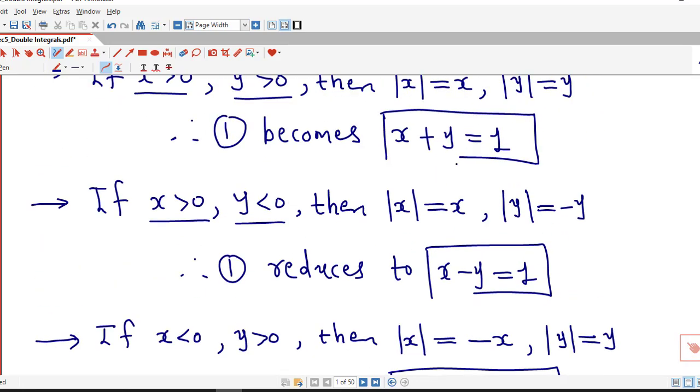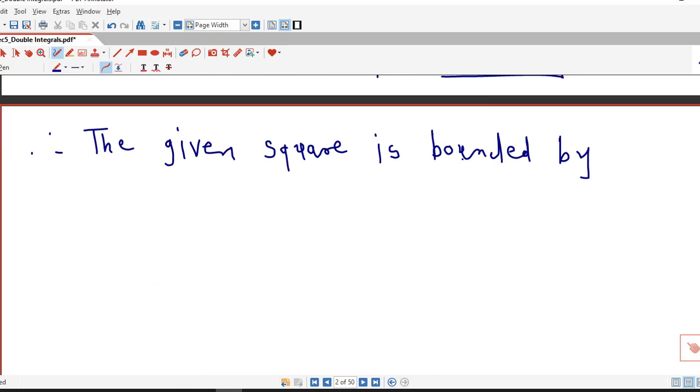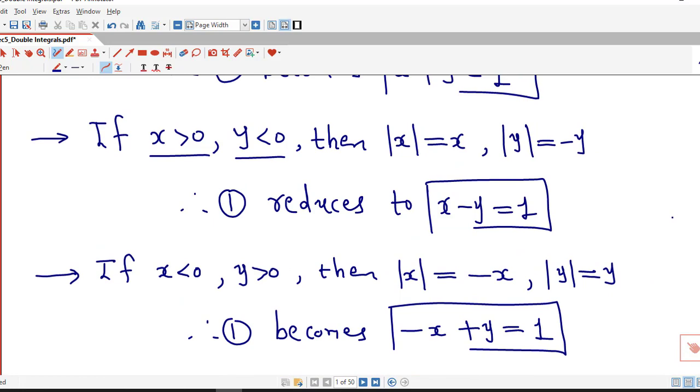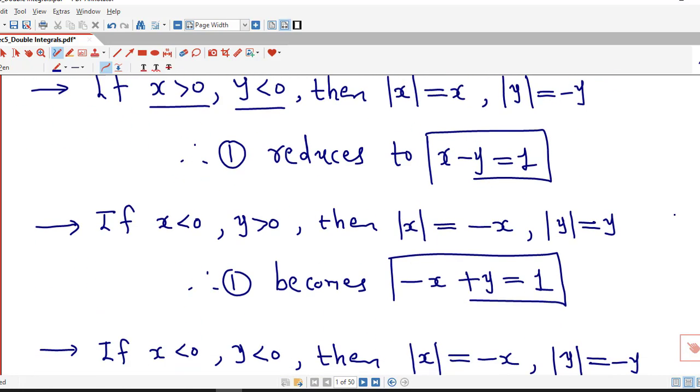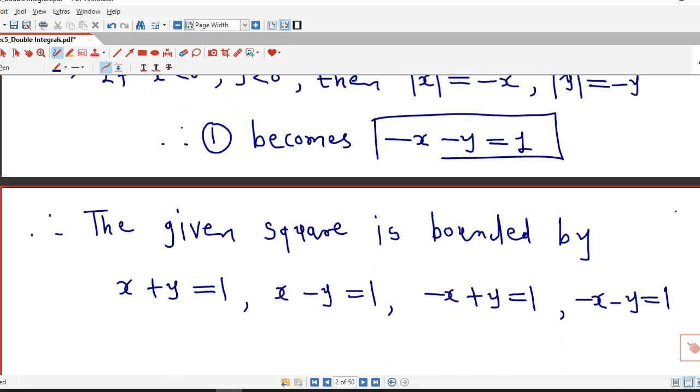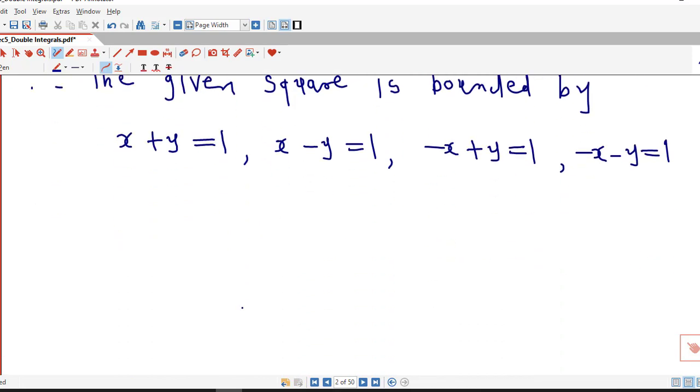First one is x plus y equal to 1, then x minus y equal to 1, then minus x plus y equal to 1, and minus x minus y equal to 1.